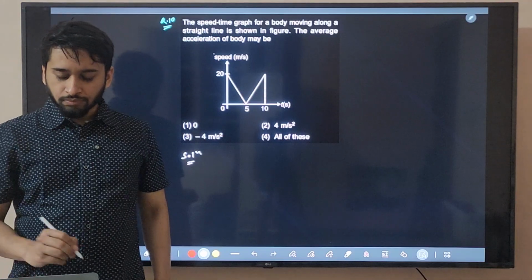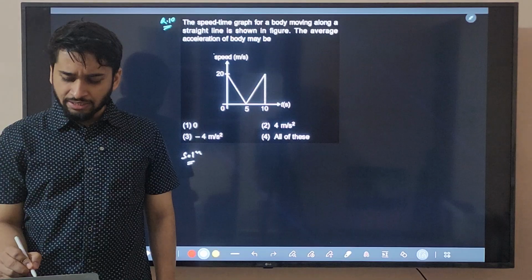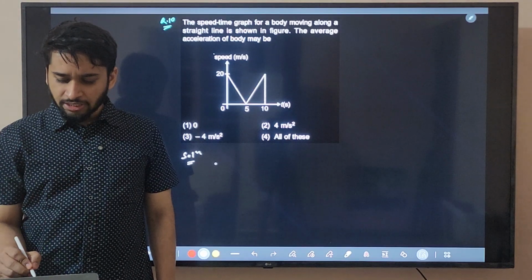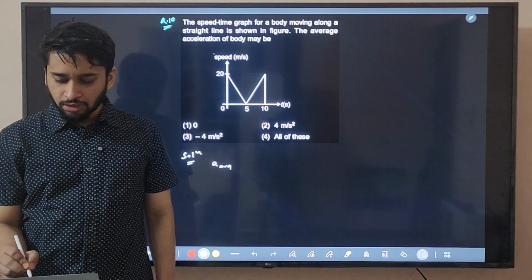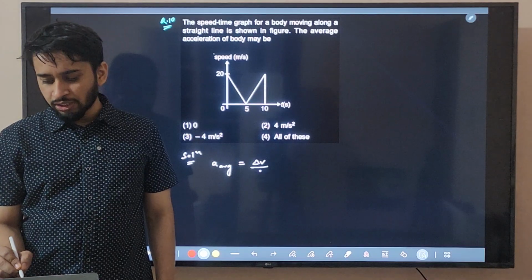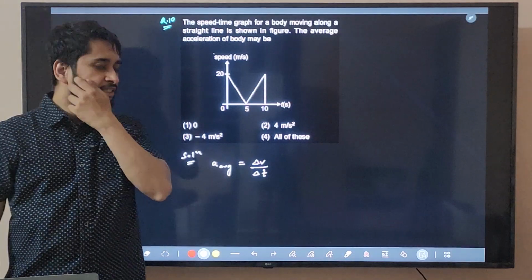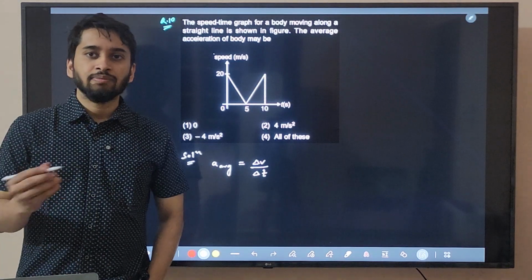Okay, so we have the speed time graph. We need average acceleration. What exactly is average acceleration? Average acceleration is change in velocity by change in time.